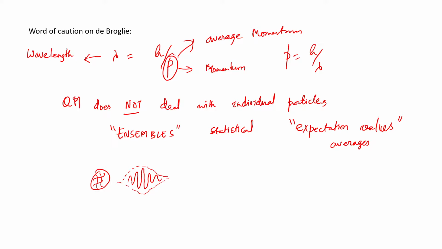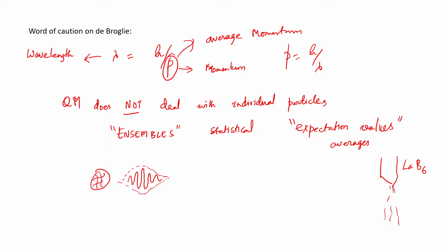So in case of electrons, for example, if I have a lanthanum hexaboride filament and electrons are emitted from it, you are again calculating the ensemble average of their momentum and coming up with a lambda or a wavelength. So we are not looking at an individual particle per se.